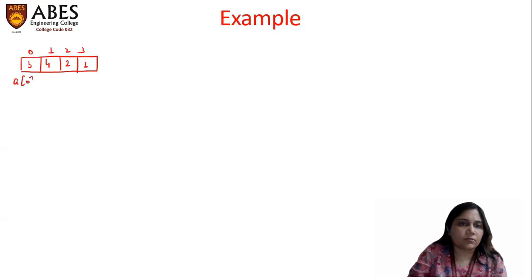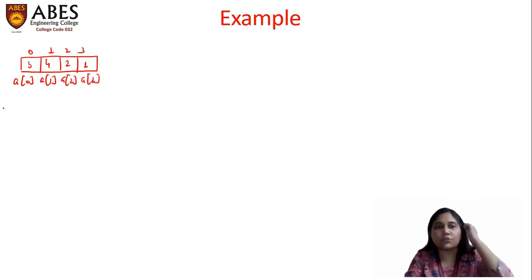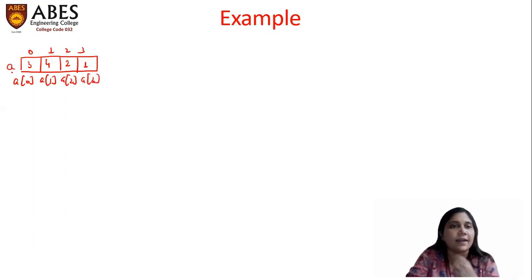The name of my array is A, so every time you access any element, you will be accessing it using A[0], A[1], A[2]. One more thing I need to tell you: is there any difference between A[0] and A[0] plus 1?